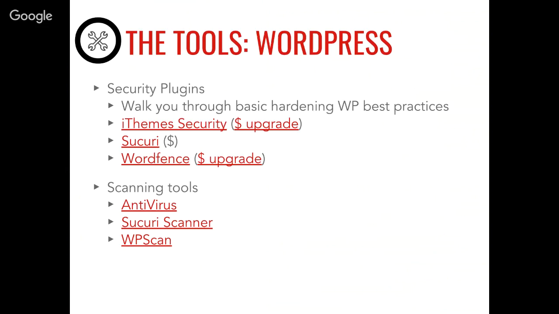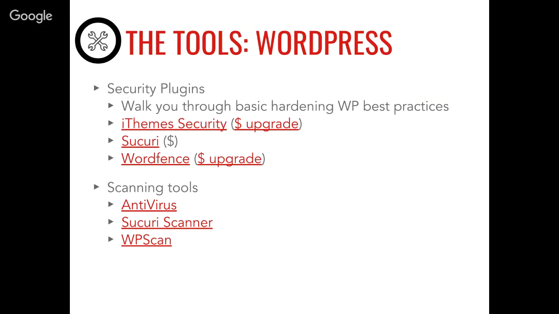More security plugins can actually help you with some of these things. Some examples of those are iThemes Security, Sucuri Security, and Wordfence. The ones here that have a dollar sign, iThemes Security and Wordfence, both have basic free options, but they have more advanced pro options, paid options that you can choose to upgrade to.